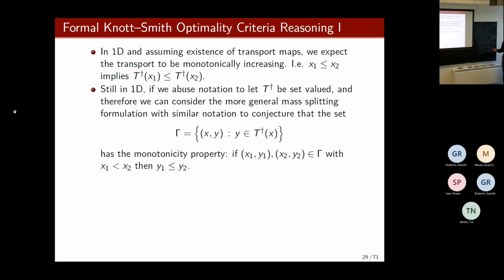And what this says is that, again, if my x1 is strictly less than my x2, then mass isn't going to move from x1 further than y2. Right, if that sort of makes sense. Can you repeat that? So maybe I can try again.